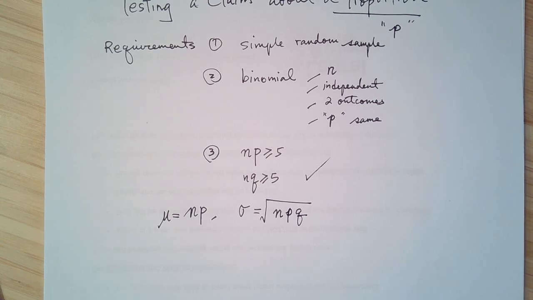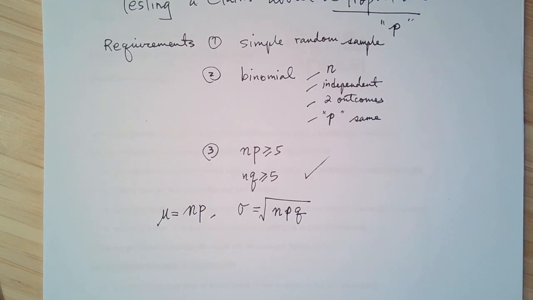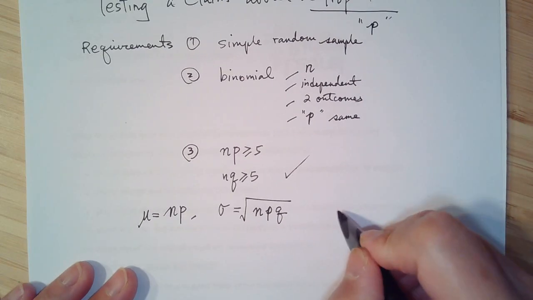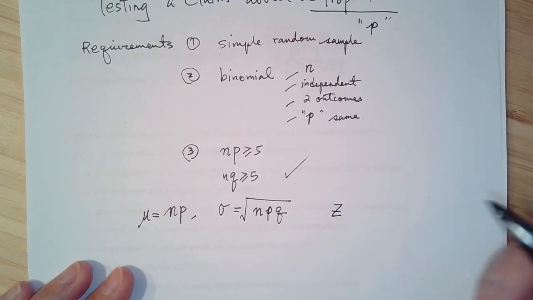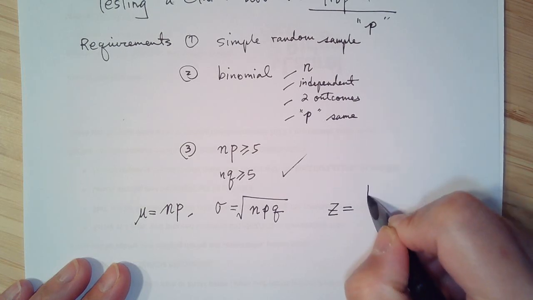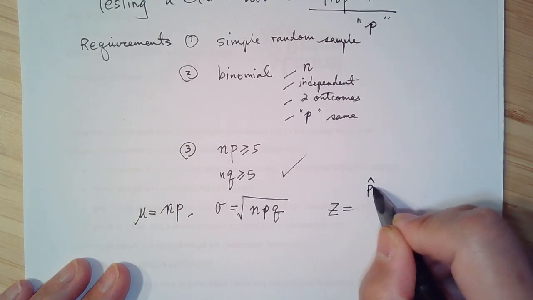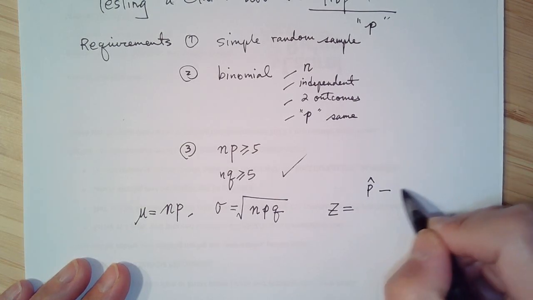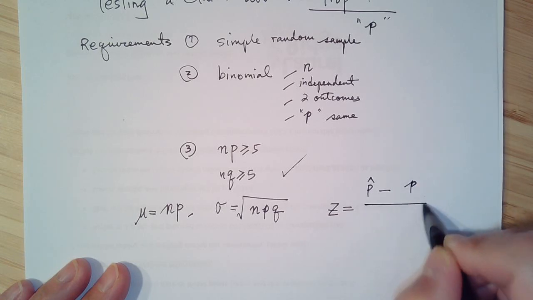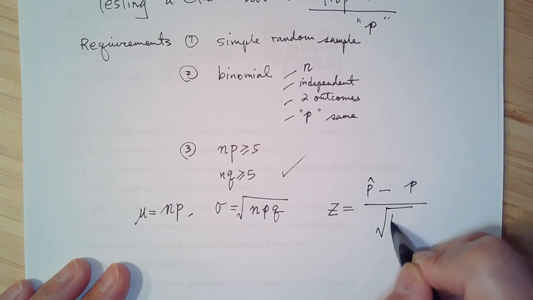Do you remember when we did the confidence interval in the early chapter, we used z, right? In this session, our test statistic, which is a z, the formula is this: p hat, the sample proportion, minus p, divided by the square root of pq over n.